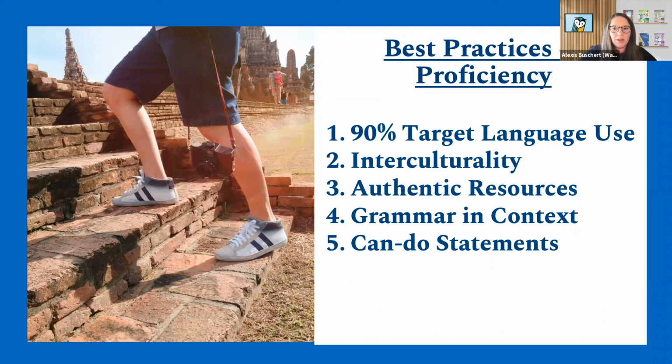So take a moment and reflect. Which one of these practices do you plan to implement in the fall? And if you already implement all of these regularly, which one of these practices is still an area of growth for you? So let us know in the chat, which of these have you already been doing? Which ones do you want to try next year? What are you looking forward to?